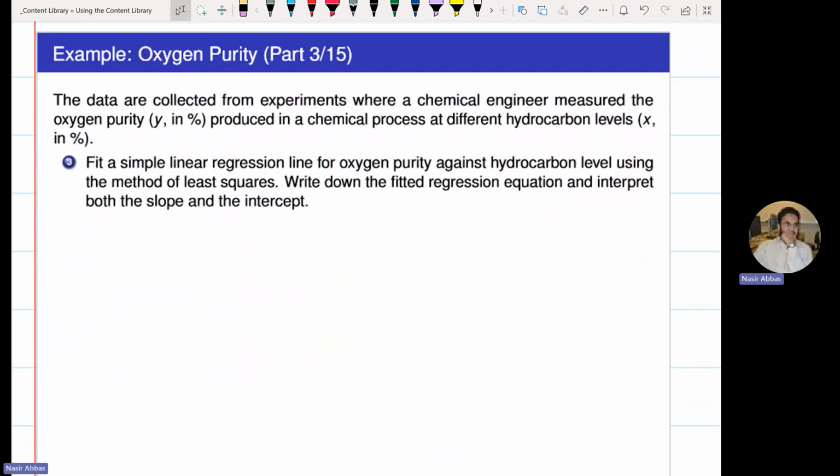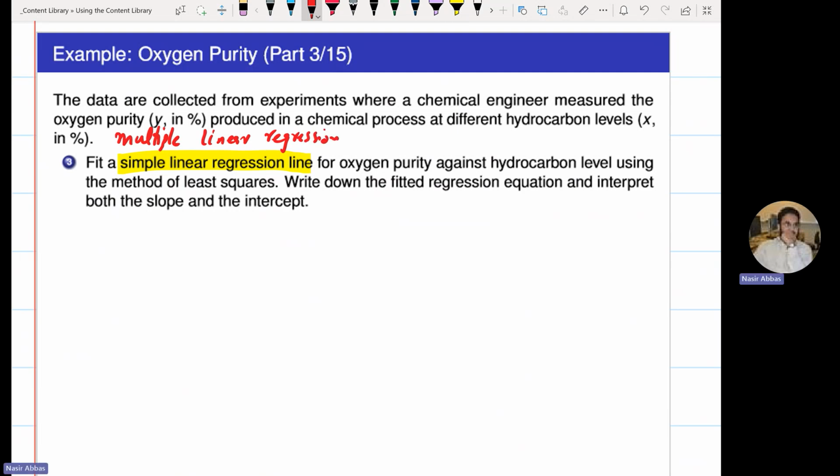The next question says to fit a simple linear regression line. What does the word simple indicate in this question? In your course, you will use two terms: simple linear regression and multiple linear regression.